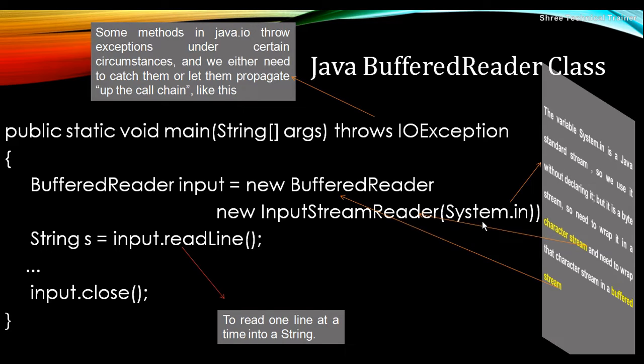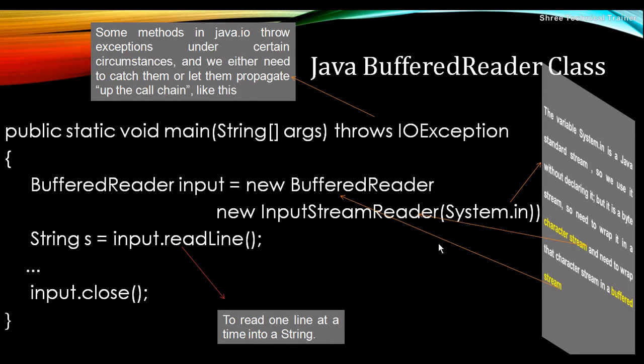System.in is a standard stream, and as it's a byte stream, we need to wrap it in a character stream. The character stream here is InputStreamReader. Then again we wrap it in a BufferedReader. That is how the BufferedReader is used.